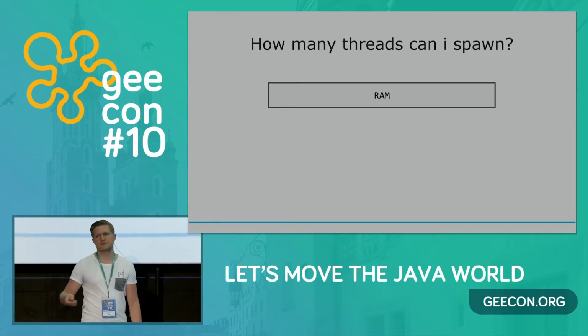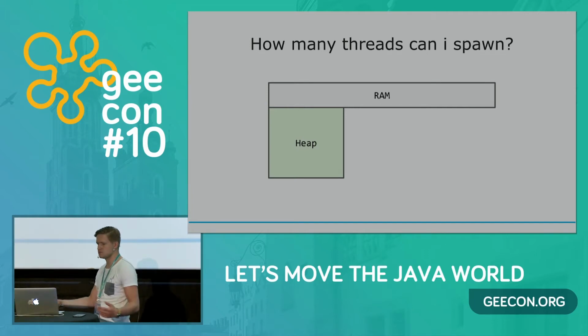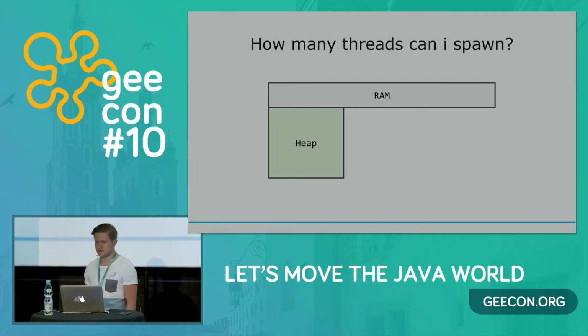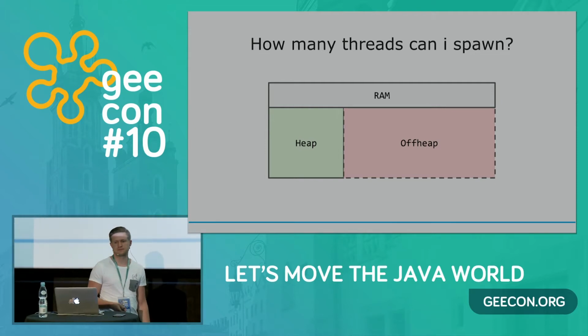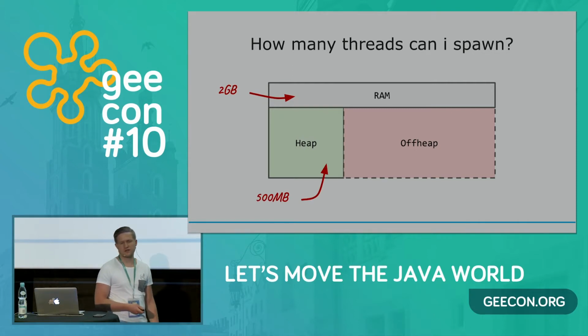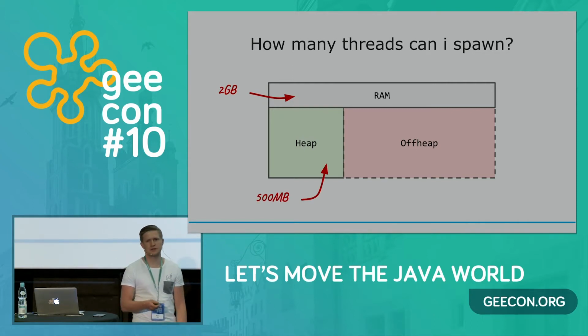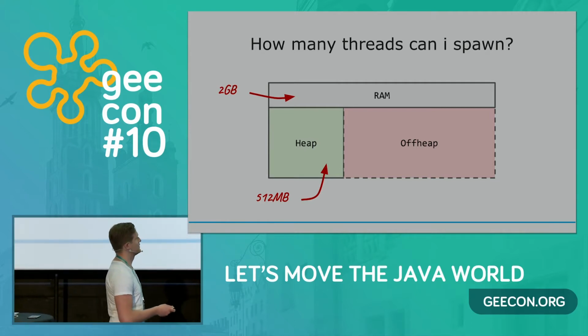Let's say I have a host with some amount of RAM, and inside this RAM some portion is dedicated for heap, and there is all the other space. Let's say I have a host with 2 gigs of RAM and 500 megabytes of heap. Actually, this hurts my eyes. It has to be 512 megabytes.